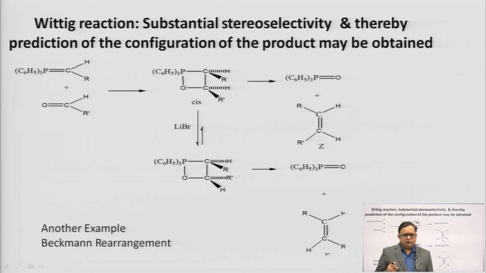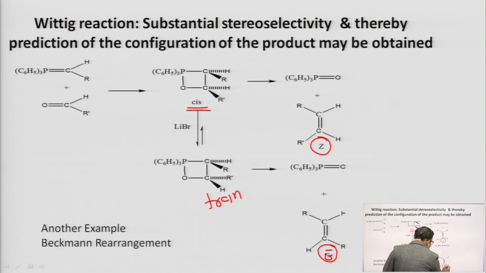Here, cis is converted into the Z isomer, and trans is converted into the E isomer. Stereospecificity and stereoselectivity can also be utilized to assign the configuration, and there are very well known examples, the Wittig reaction and the Beckmann rearrangement, showing how they can be utilized for the differentiation of the compounds.